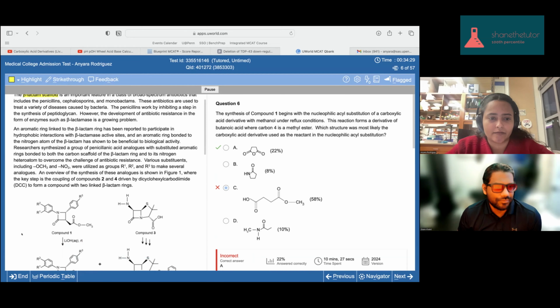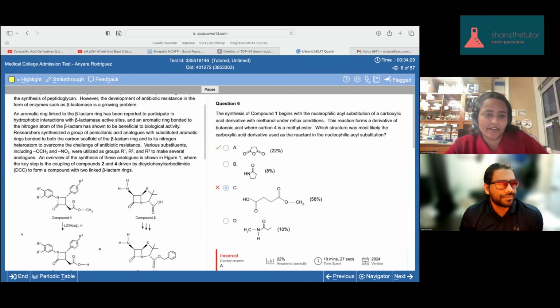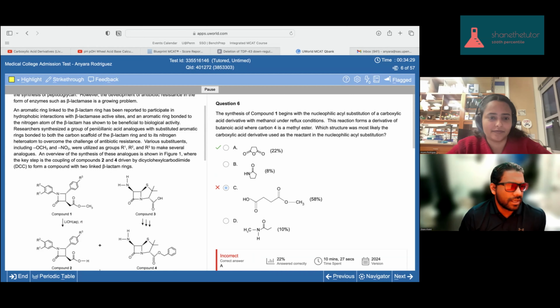Okay, continue. An aromatic ring linked to the beta lactam ring has been reported to participate in hydrophobic interactions with beta lactamase active sites, and an aromatic ring bonded to the nitrogen atom of the beta-lactam has been shown to be beneficial to biological activity. All right, what are they saying here?